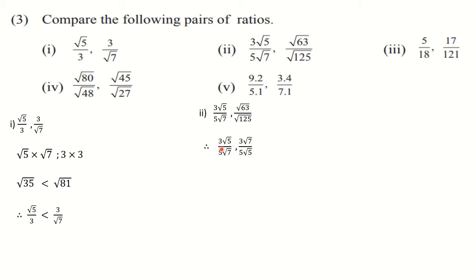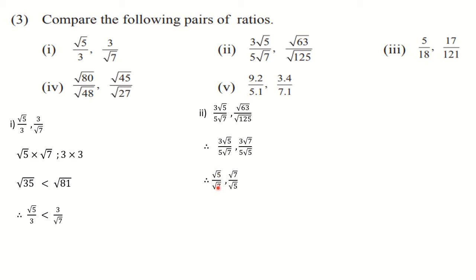Now what we can observe here is we can divide both sides by 3 and multiply both sides by 5. That means this 3 upon 5 is present on both sides, so we can remove them. So what we got now? Root 5 upon root 7 and root 7 upon root 5. Now clearly you can understand that the second ratio is bigger. Why?